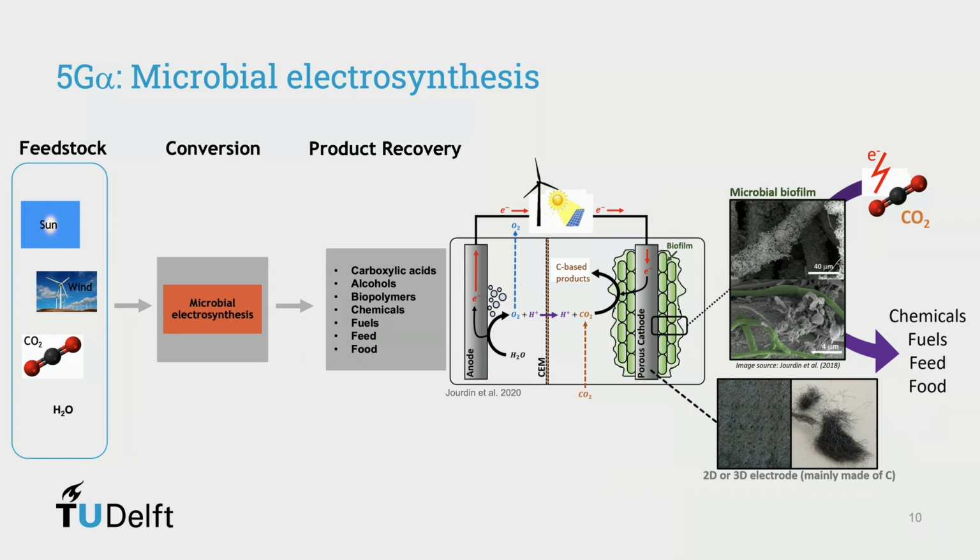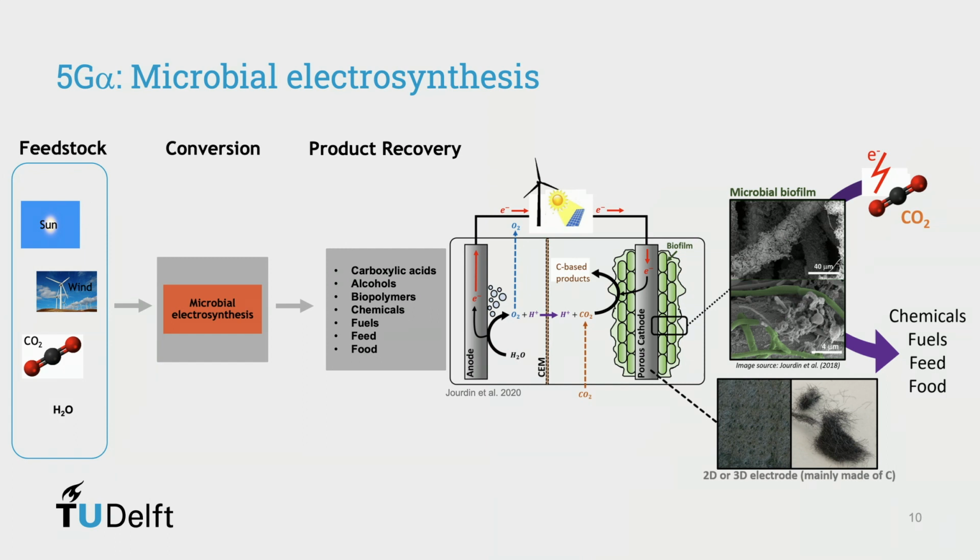Renewable energy such as solar and wind energy is used to power the technology. Therefore, microbial electrosynthesis allows the storage of renewable energy into chemical bonds as well as to valorize greenhouse gas.